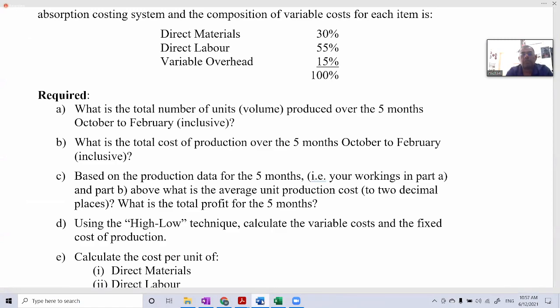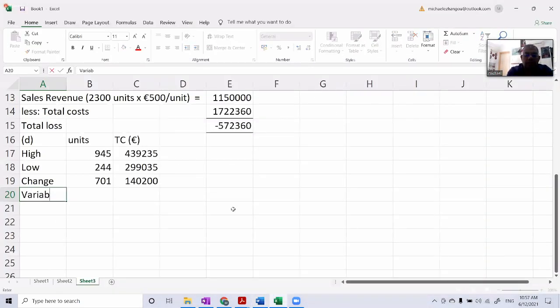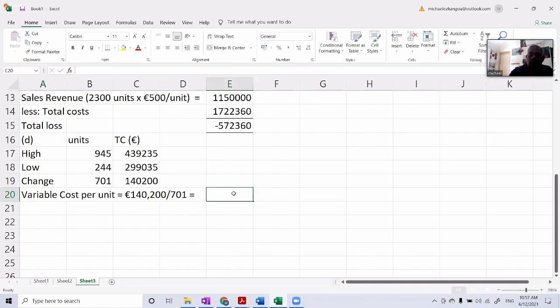Variable cost and fixed cost of production. Variable cost per unit is 140,200 divided by 701, which is 200.